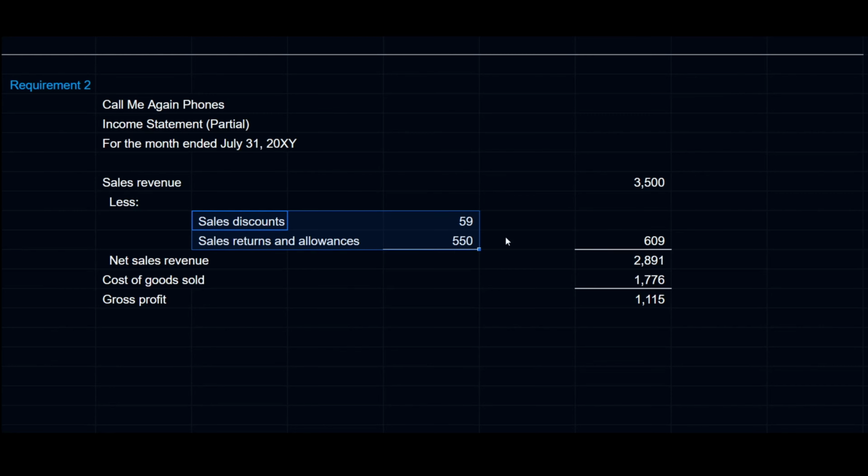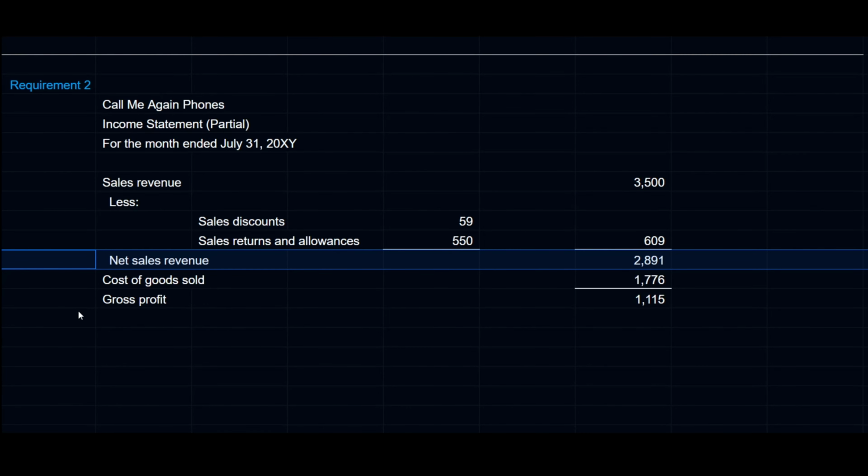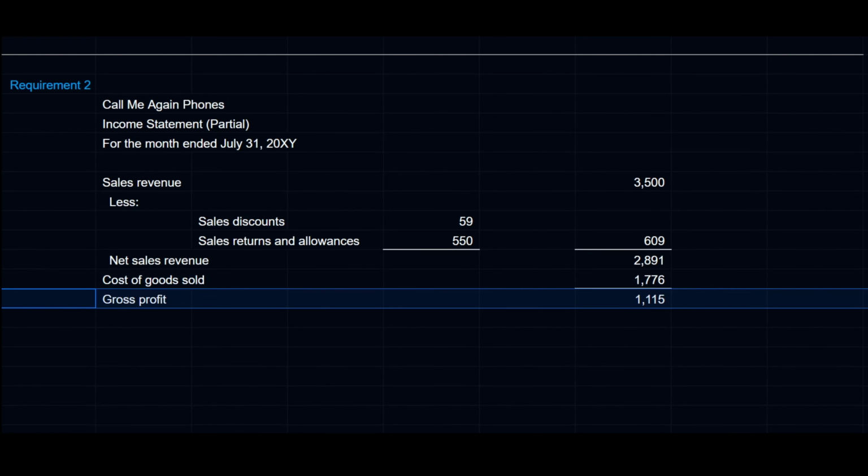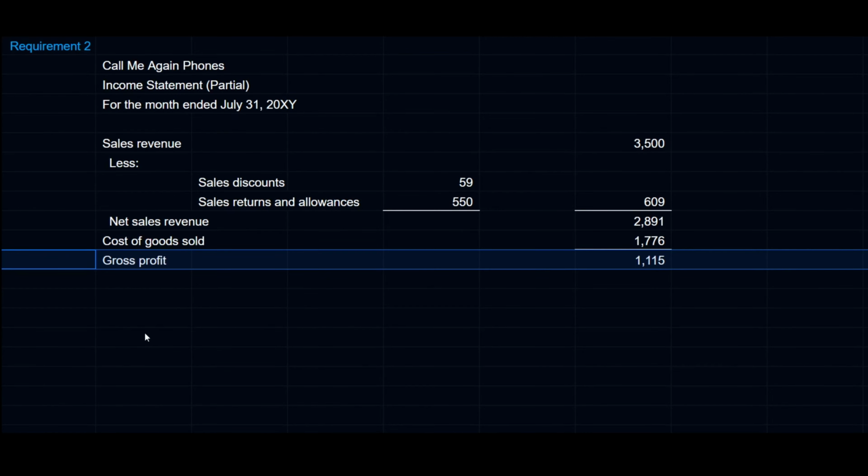They total $609. And if we subtract that $609 from the sales revenue of $3,500, we get net sales revenue of $2,891. Subtract the cost of goods sold of $1,776, and we get gross profit of $1,115.